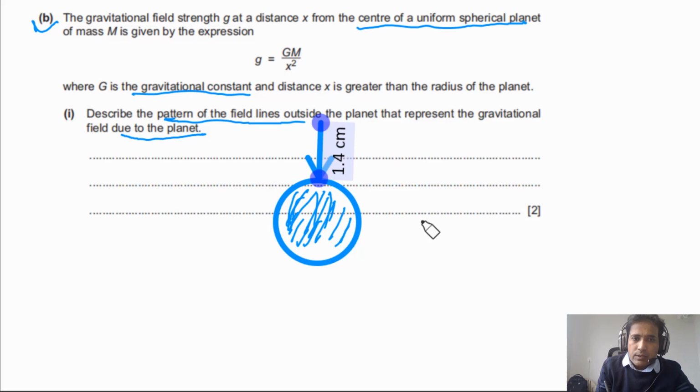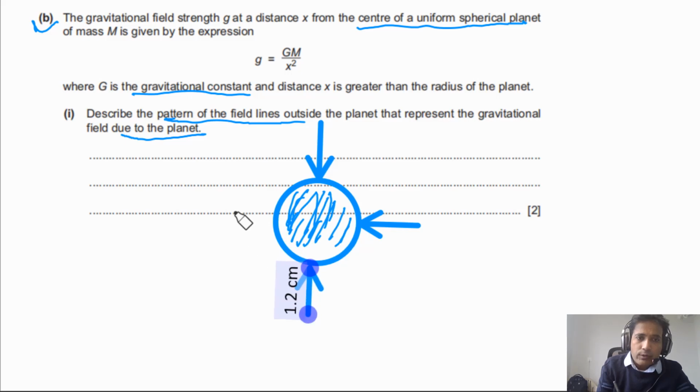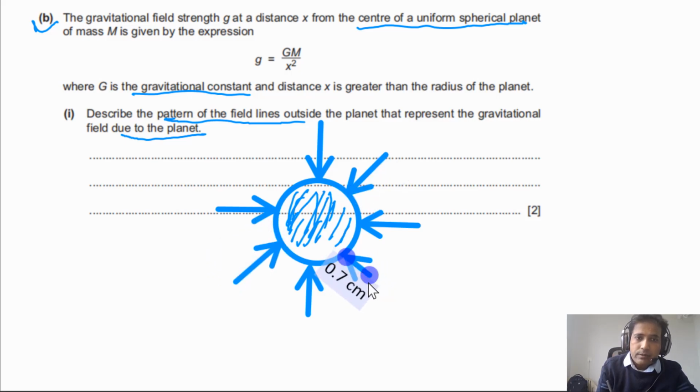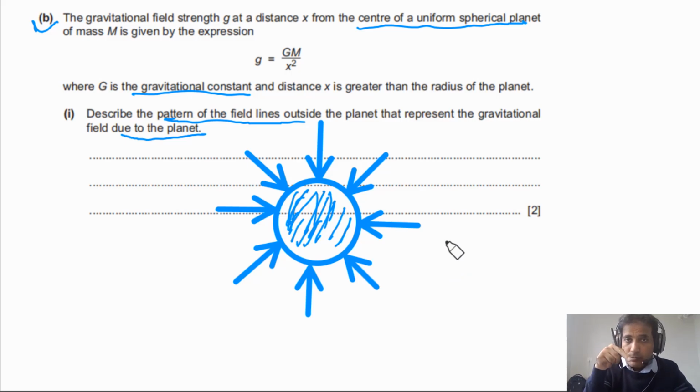You need to draw at least 4 arrows, but they have to point inwards, and these arrows also have to be equally spaced. Very important: inwards and equally spaced. If you have drawn like this, you will get 2 marks: one for inwards, arrows pointing to the planet, and the second for being equally spaced.